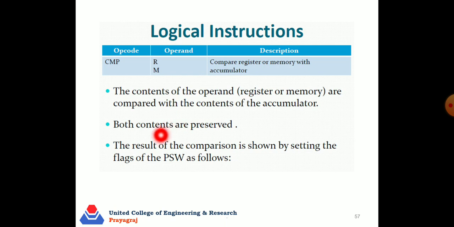The result of the comparison is shown by setting the flags of the PSW, the program status word. That means only the flags are affected after execution of this instruction. There is no change in any register or data.